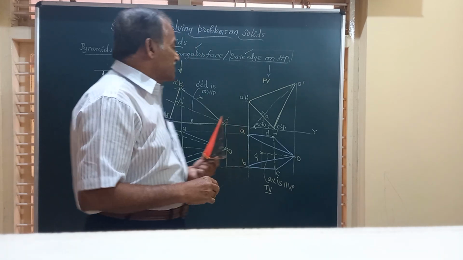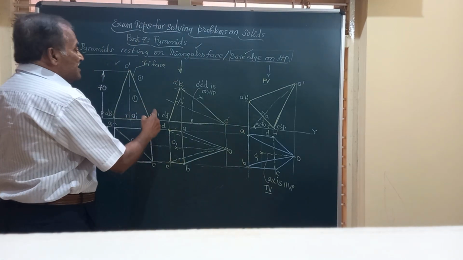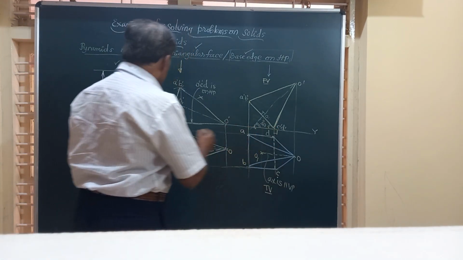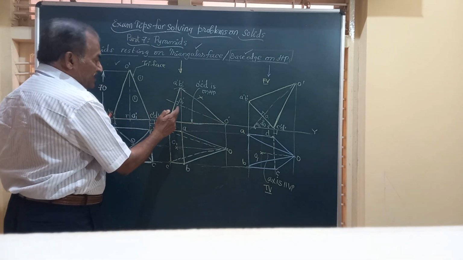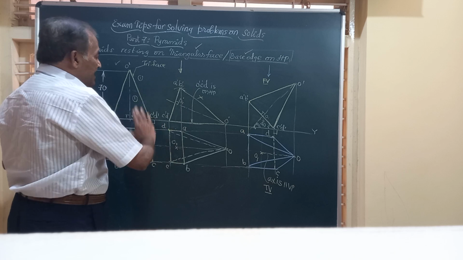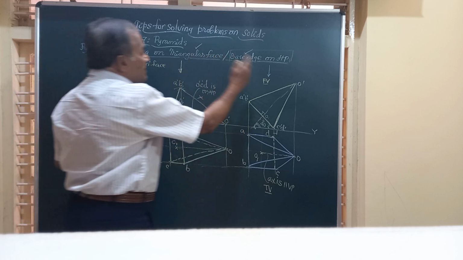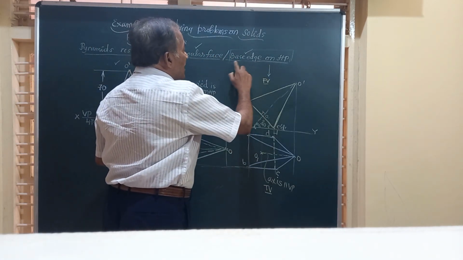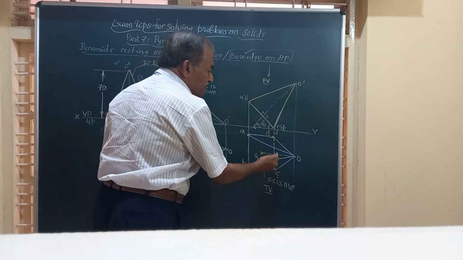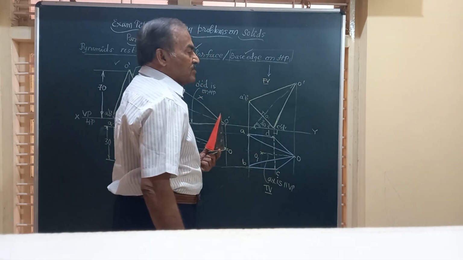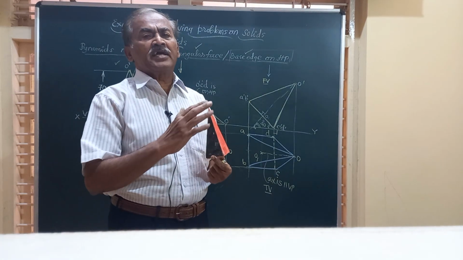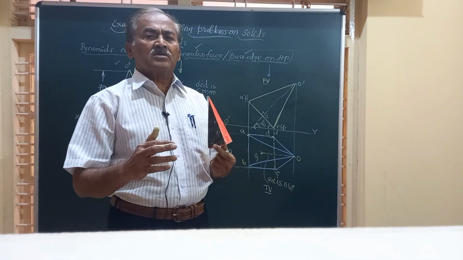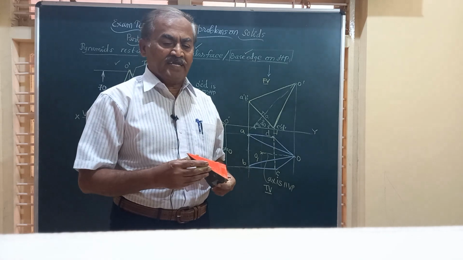And friends, you can observe here, since the object is resting on CD, CD is one of the shorter edges here, and the object was resting on a triangular face in the first case, and in the second case, the first and third figures, resting on a base edge on HP, one of the base edges which is now perpendicular. Friends, for these two positions, you will get 2/3 of the total marks allocated.